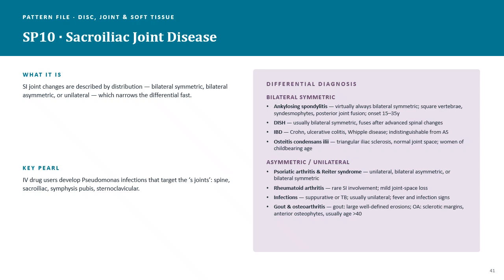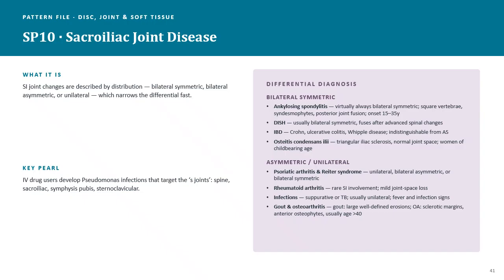Usually, they might see this in a lot of women that are of childbearing age. Another clue when they're looking at these conditions is your SI joint space. With this one, it's always preserved or looks normal.